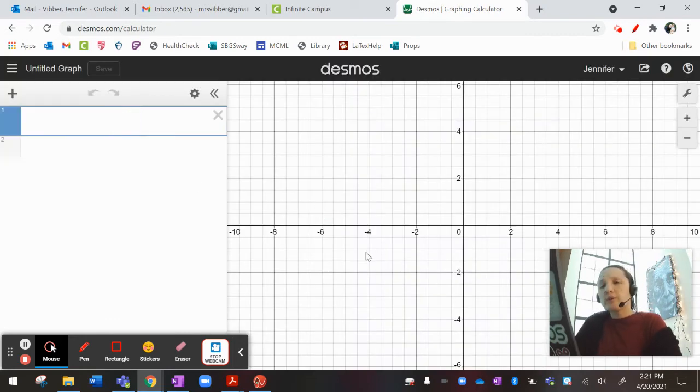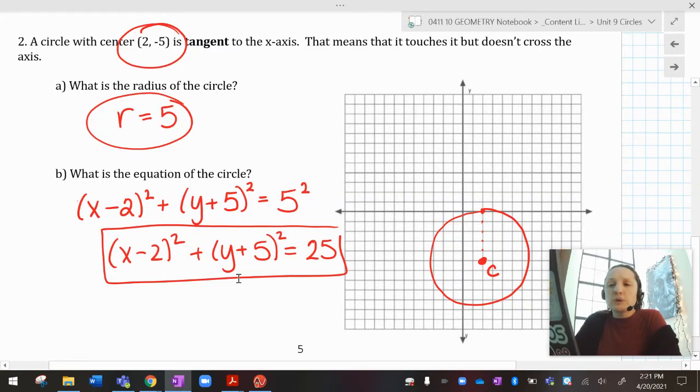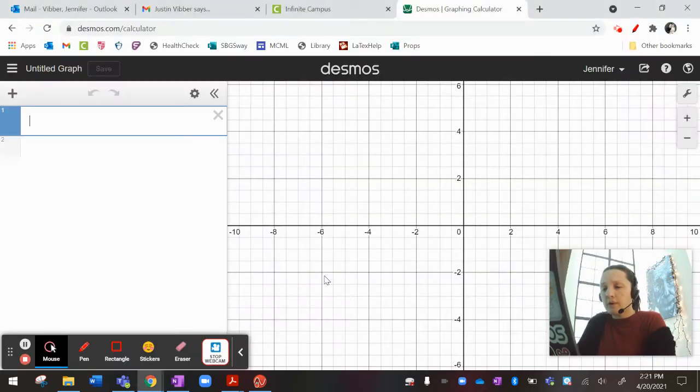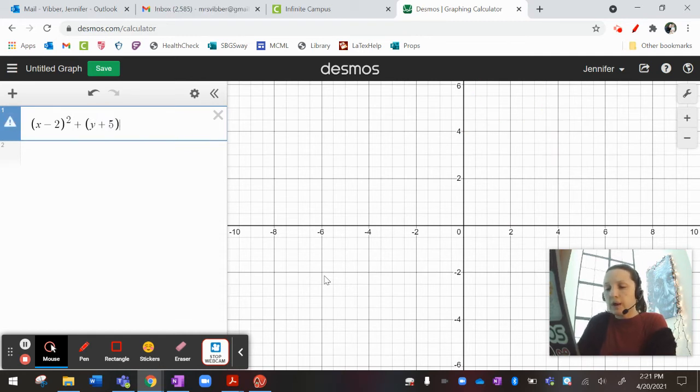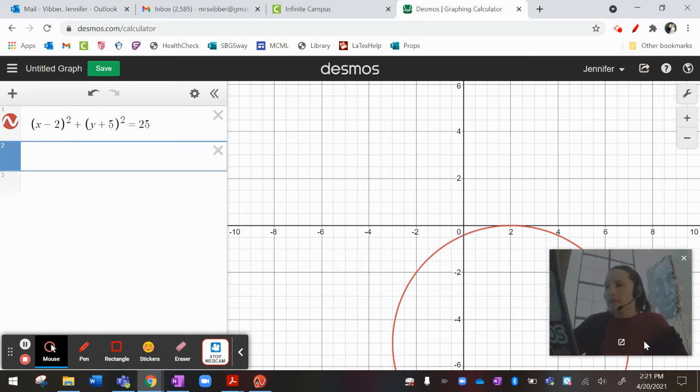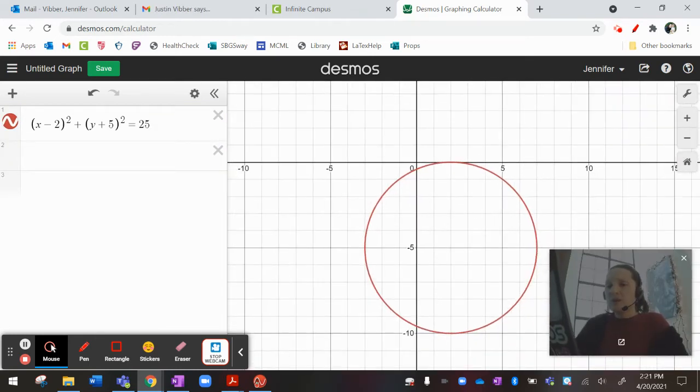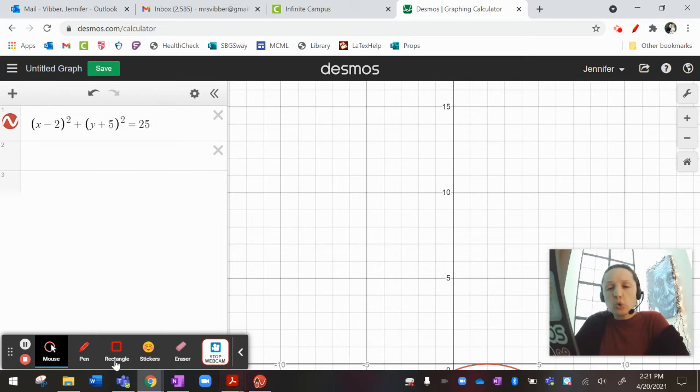Your own personal calculators technically can, but it kind of gets frustrating, so we're just going to do it in Desmos. (x - 2)^2 + (y + 5)^2 = 25. And then I look at that and I say, oh yeah, that is tangent. Cool, cool, cool.